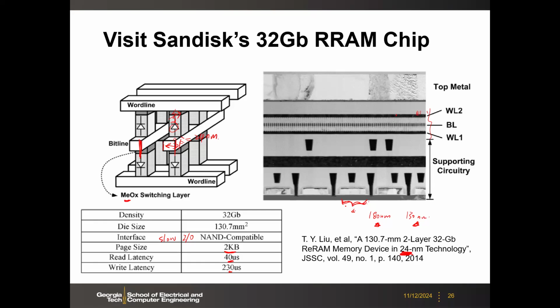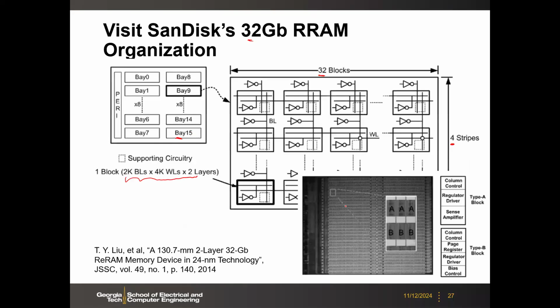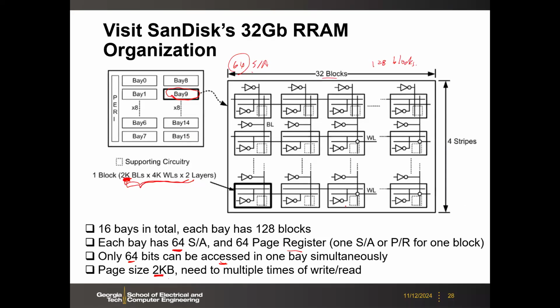When you design one SenAmp, that SenAmp's area could, relatively speaking, be much, much larger than the memory cell size. So that's why one block cannot have so many transistors underneath, because each transistor is huge compared to the memory cell size. So this is a limitation in the design. That explains why this is kind of slow.